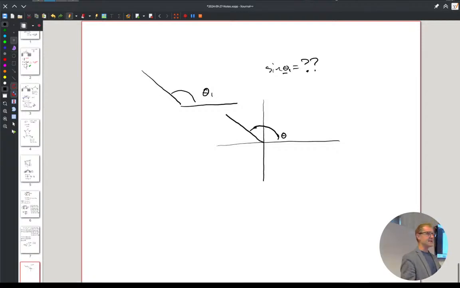You can have a negative adjacent, like a negative A over here, in quadrant number 2, when the angle is more than 90 degrees. And then we would have a positive opposite, positive O. (Sorry, I keep writing hypotenuse there.)